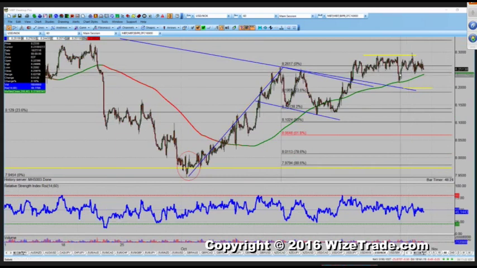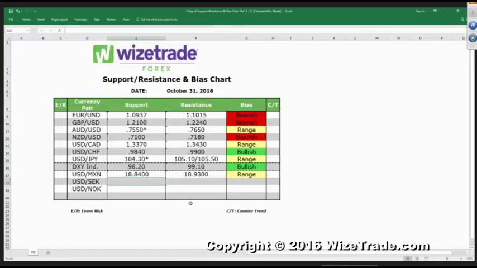With crude as weak as it is, it's really tough to press the U.S. dollar Norwegian krona much lower. $820, $830, and I think those are your parameters right now. And it's range bound.